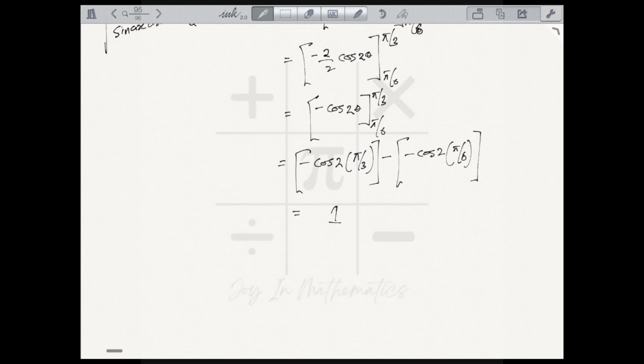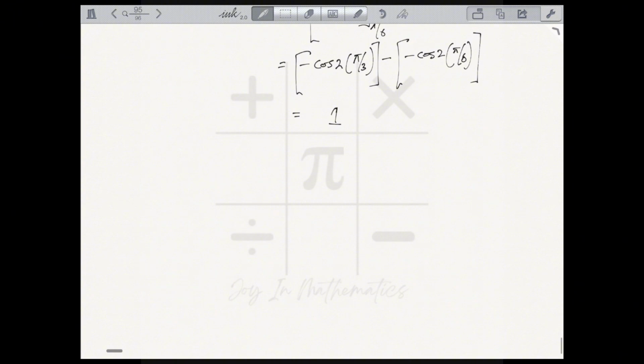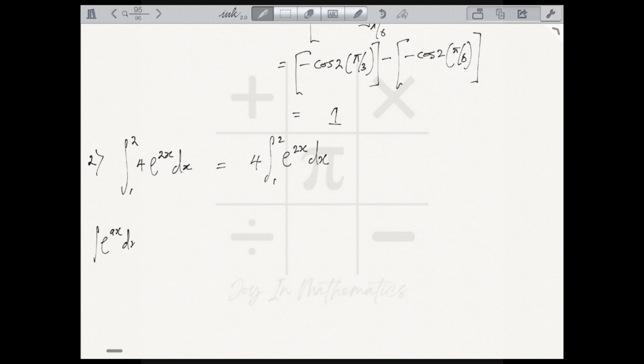Let's take another example. We are asked to integrate with respect to x from lower limit 1 to upper limit 2 of 4 exponential 2x dx. The first thing we do is to bring out our constant, leaving exponential 2x dx. We recall that when we integrate exponential ax with respect to x, our answer will be 1 over a exponential ax.